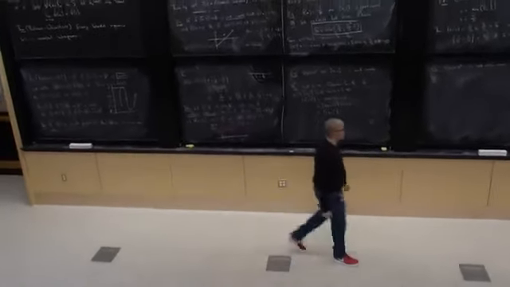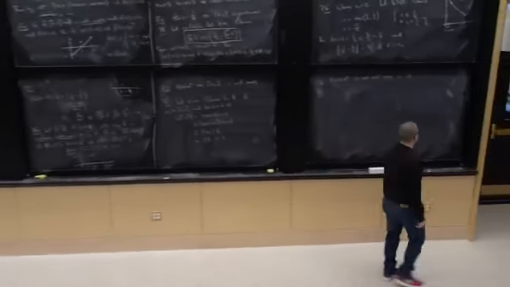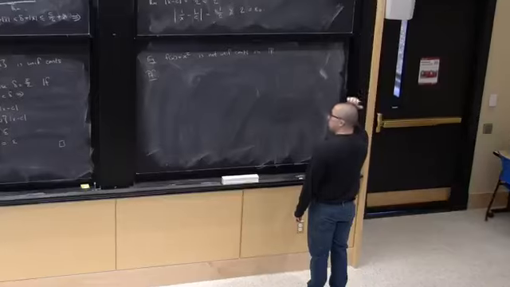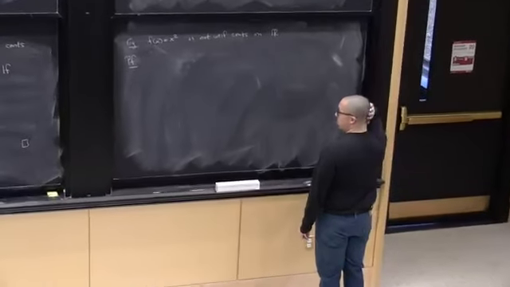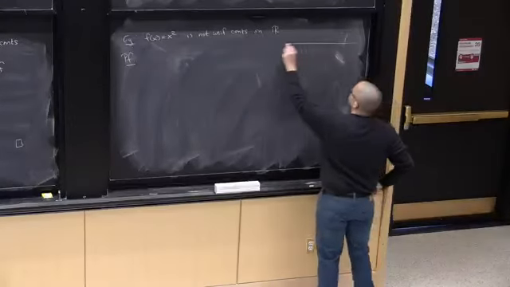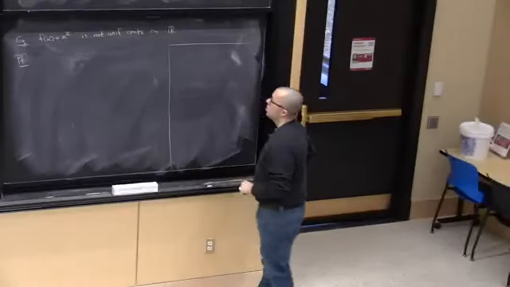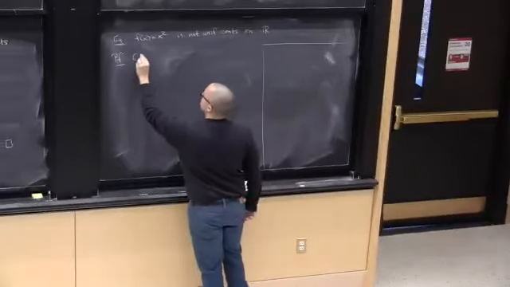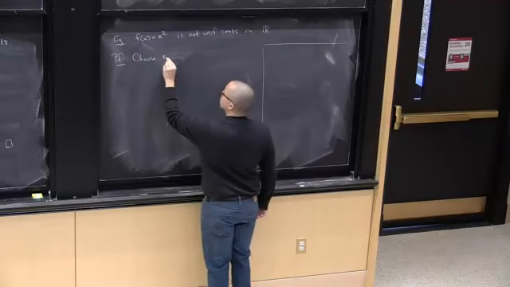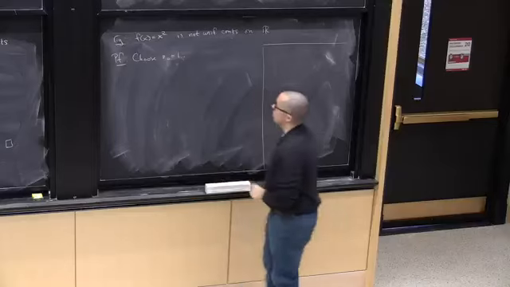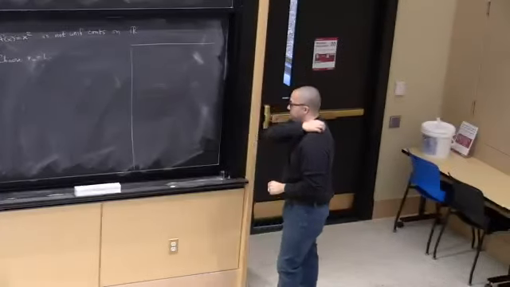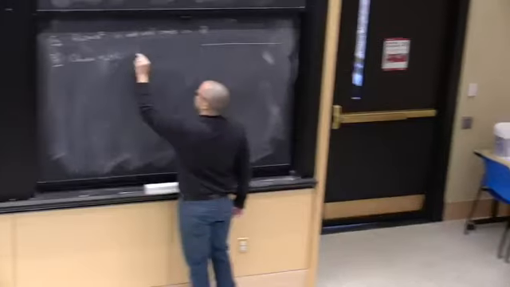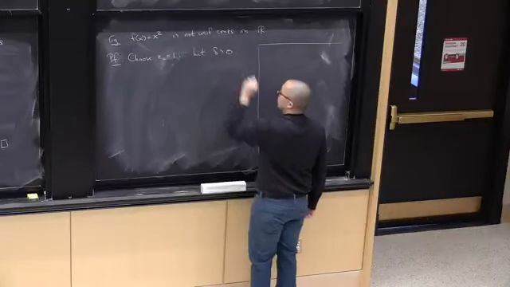I didn't write out the proof of this one, so we're going to go a little bit by the seat of our pants. So we want to show this is not uniformly continuous, so I think epsilon 0 equals 1 is going to work just fine. Let delta be positive.